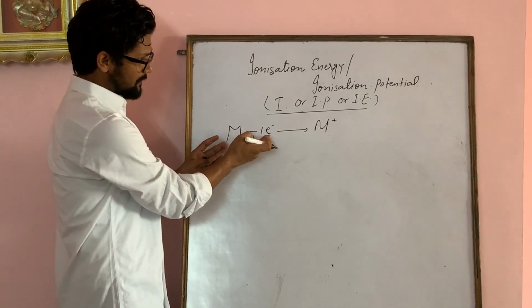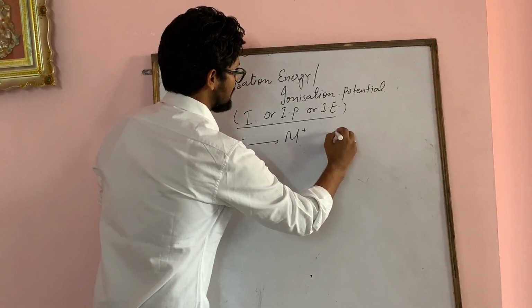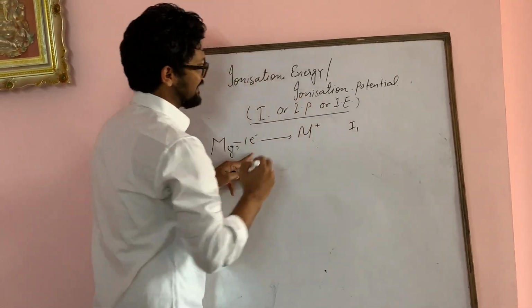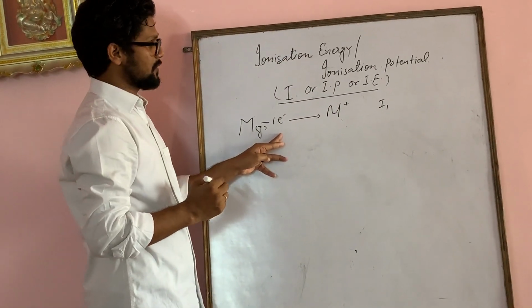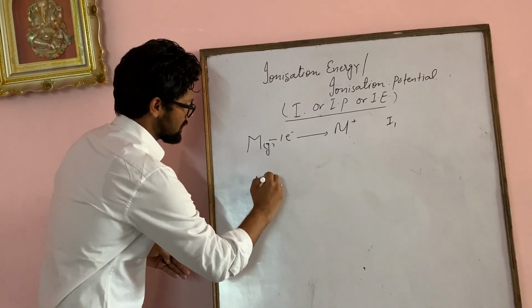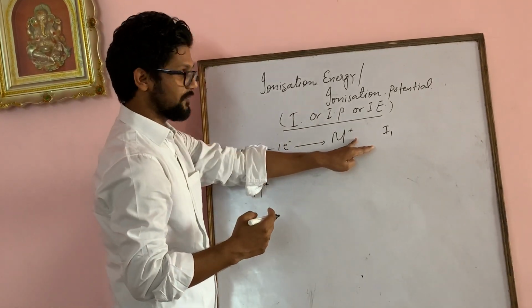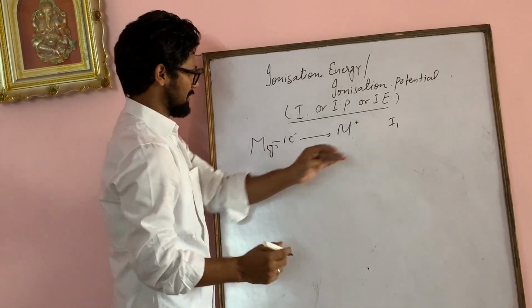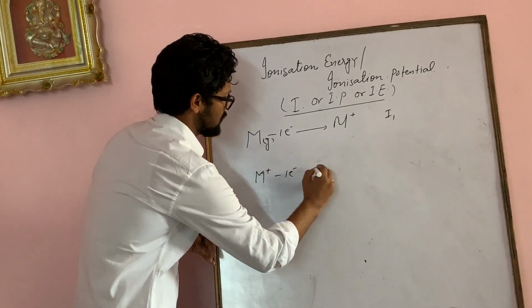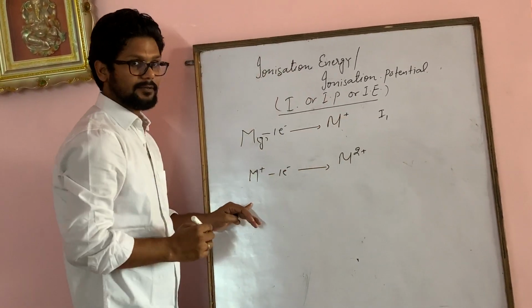So for removal of this electron the energy required, suppose that energy is I1. That is called I1. And in the second case, another electron is removed from the M plus unipositive cation to change into a divalent cation.